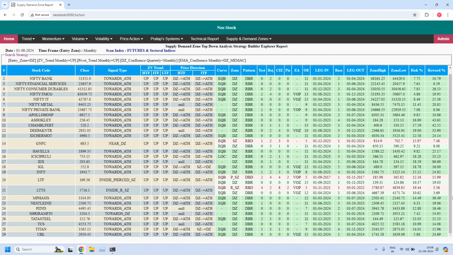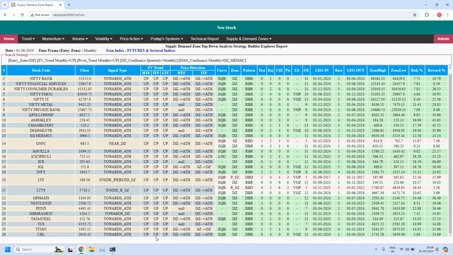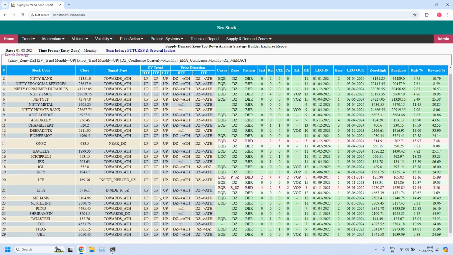In all these 29 stocks, the monthly trend is up, the quarterly trend is up, even the yearly trend is also up. And also the monthly zone is having confluence with the quarterly zone.